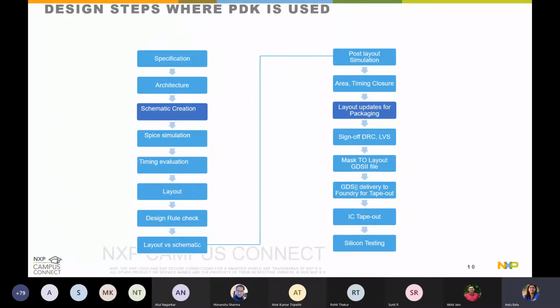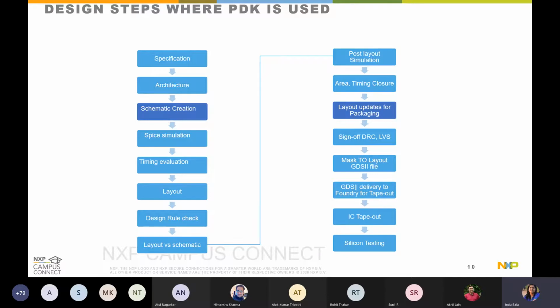Then you go for the schematic creation. At the schematic creation stage, from the PDK you use your primitive devices, and you use the SPICE models that the foundry provides, to create your schematic and run circuit level simulations. For timing evaluation, you use some of the SPICE models which are part of the PDK.